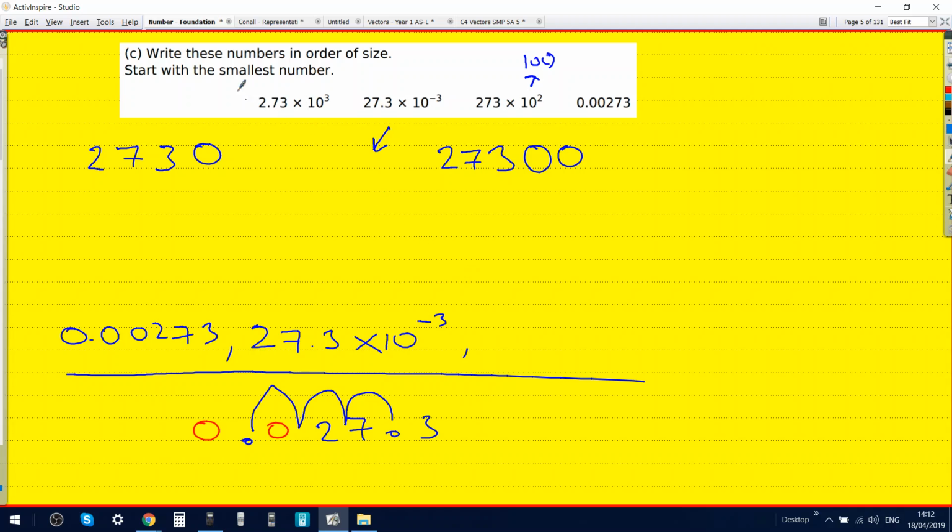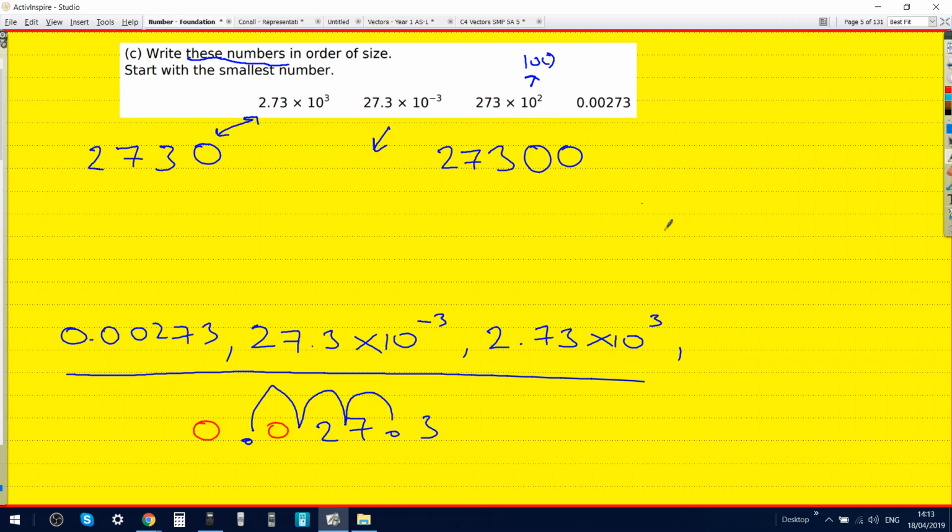And so they said write these numbers in order of size. Oh, right. So instead of saying 2730, we'll write it as they gave it to us.